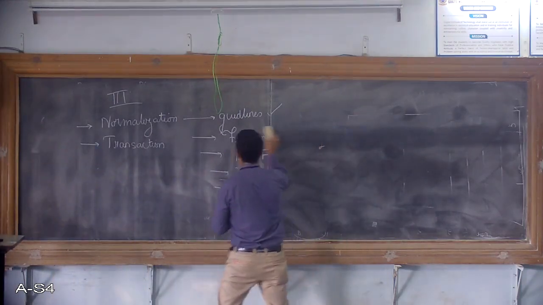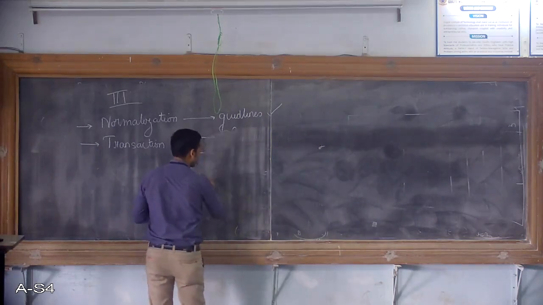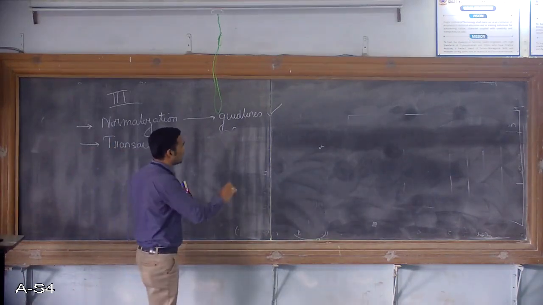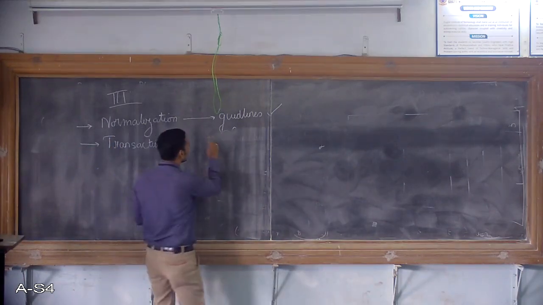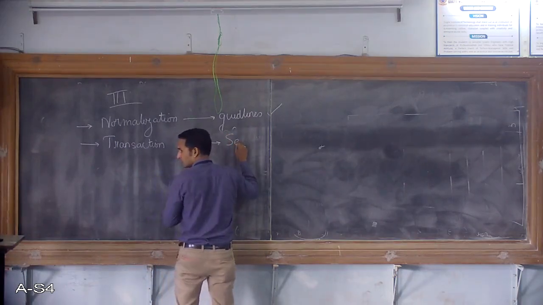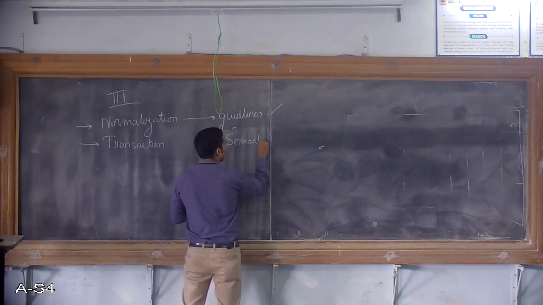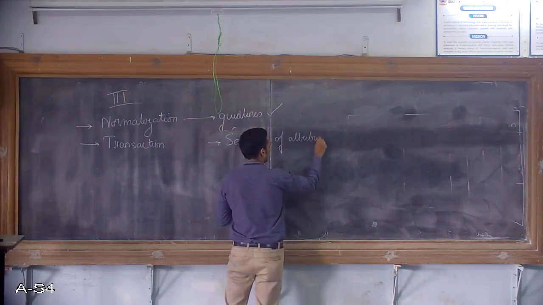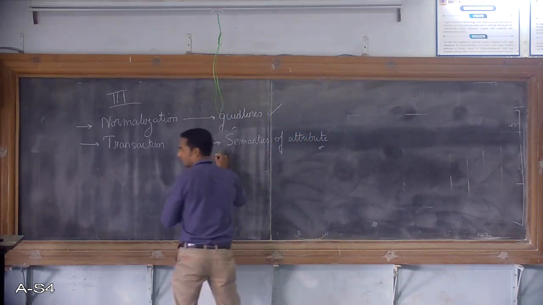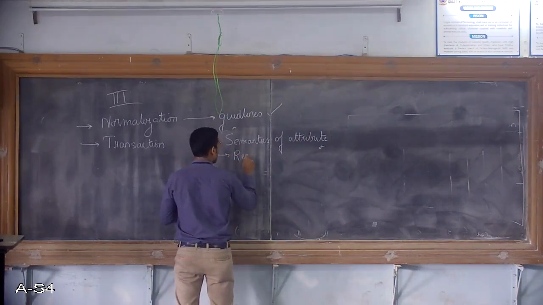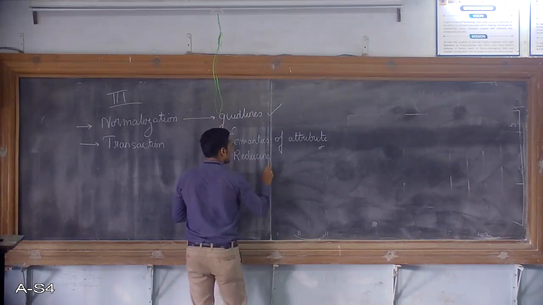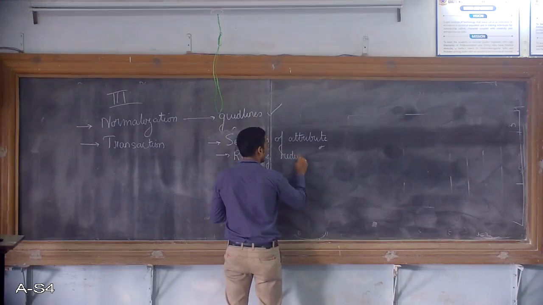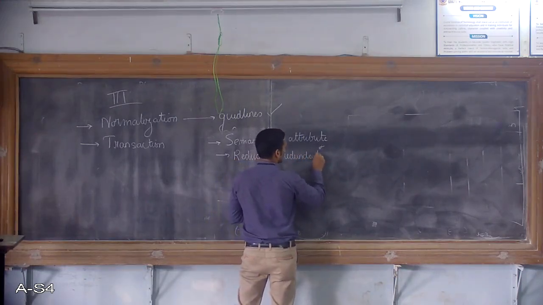Initially, what do we mean by the informal guidelines? Now as the word itself says, these are informal guidelines, not strictly to be applied, but informal. So what are those? First one is semantics of attribute. Next one is reducing redundant tuples.